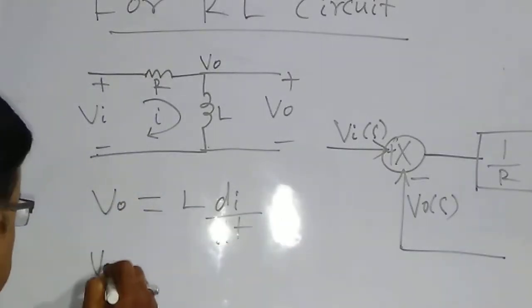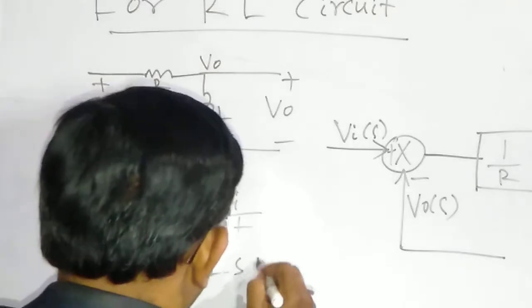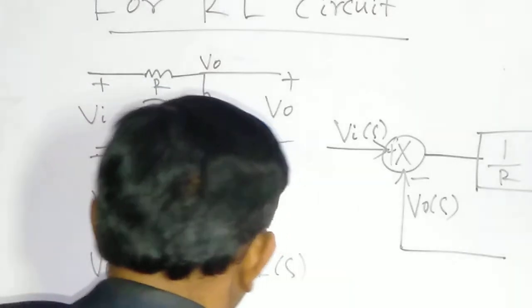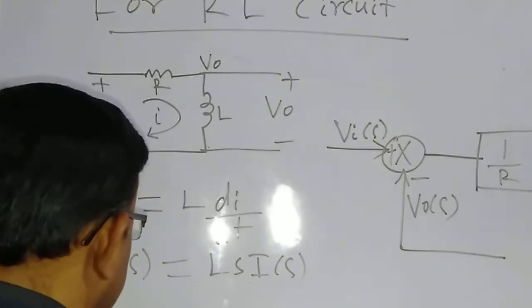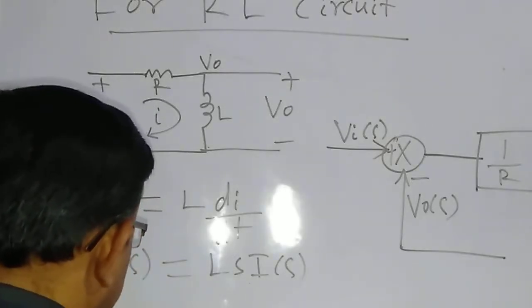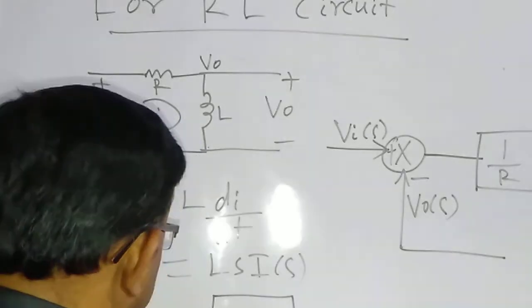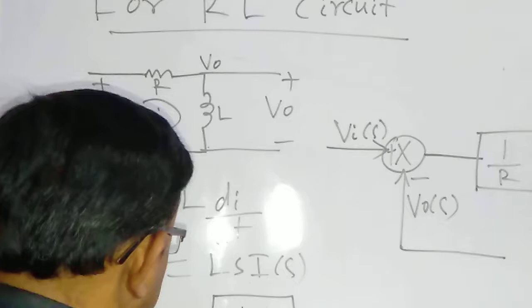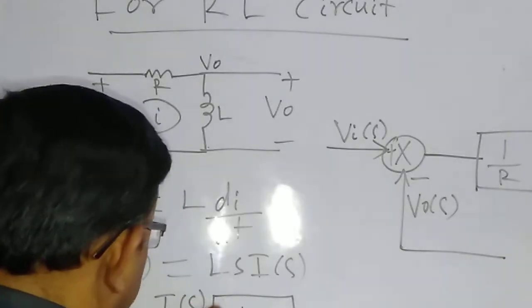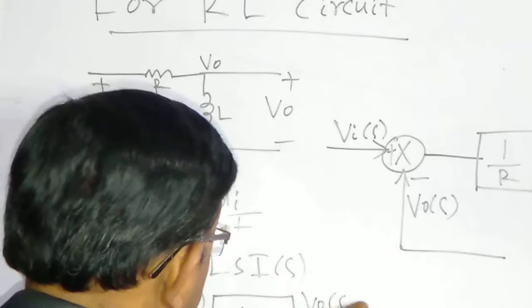Taking Laplace transform of this, V naught of s is Ls I of s. So now we can represent this. This is the block diagram representation. This is your Ls, this is I of s, and this is V naught of s.